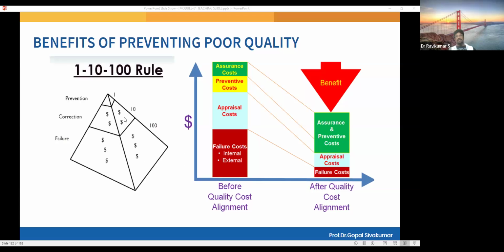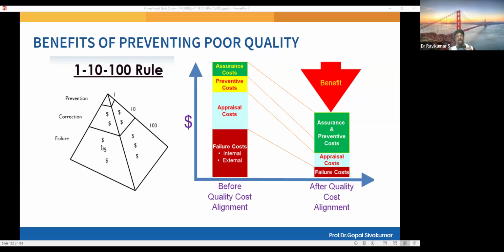When it comes to cost of quality, if you invest 1 rupee in prevention, say you provide a safety training, which may cost you 10,000 rupees, at the end of the day he will be able to avoid certain accidents. So major failure can be averted or avoided. So it is good you keep on investing in cost of good quality.